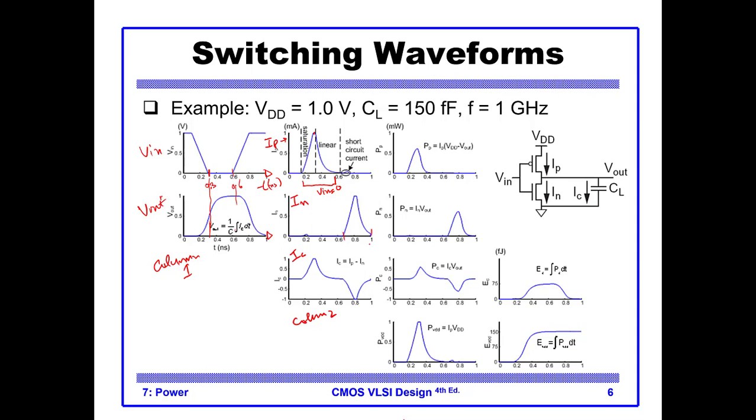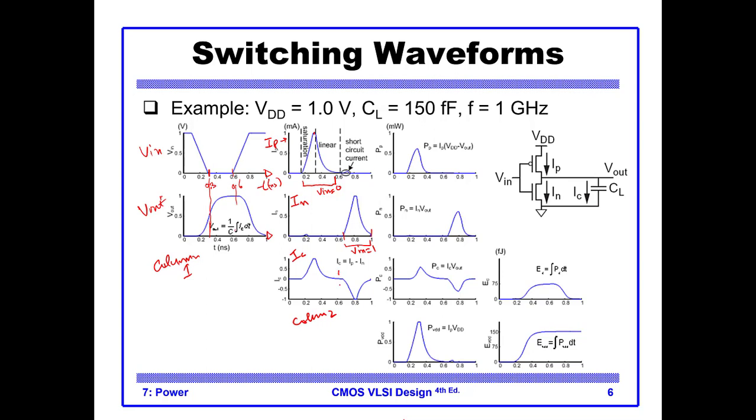This is the current of NMOS. This happens when Vn is equal to 1, because the NMOS is only conducting when the capacitor is discharging. So this is the current flowing in the NMOS due to discharge of the capacitor, and this is IC.